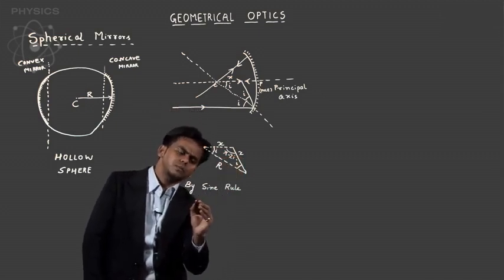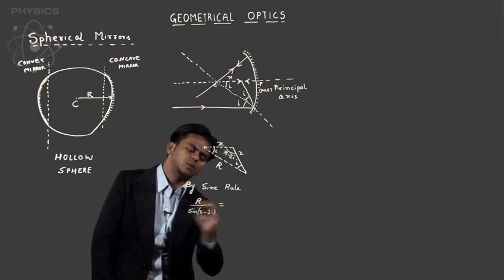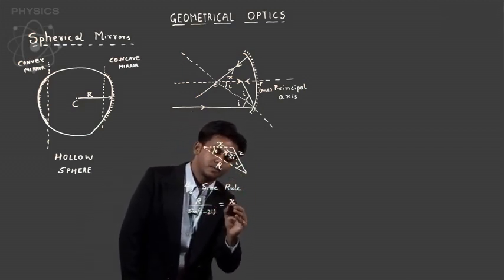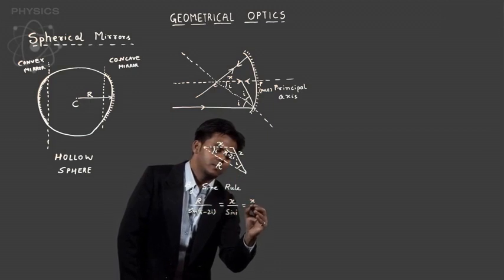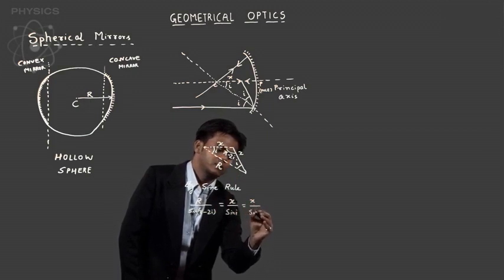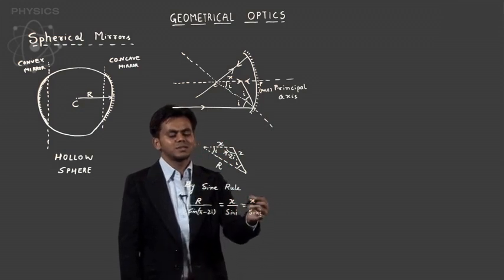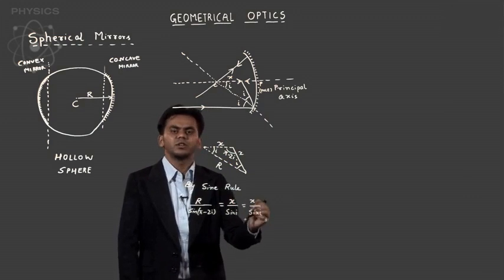So R upon sine of pi minus 2i is equal to x upon sine I. Now these two sides are the same, so it doesn't make any difference if I exclude it or include it.